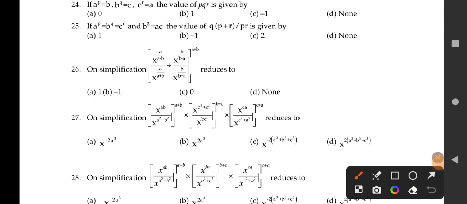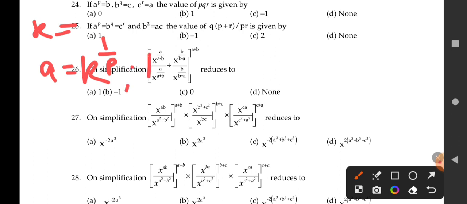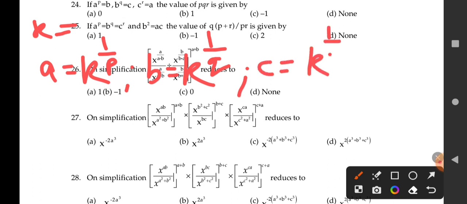Last question for this video, question number 25. Again, solve this question carefully. When we equate this equal to k, so what do we get? We get a is equal to k power 1 divided by p, b is equal to k power 1 divided by q, and c is equal to k power 1 divided by r.